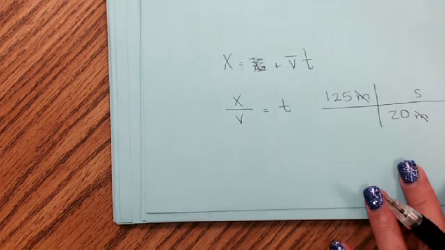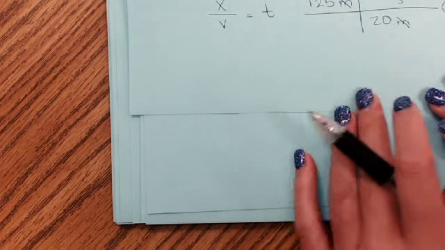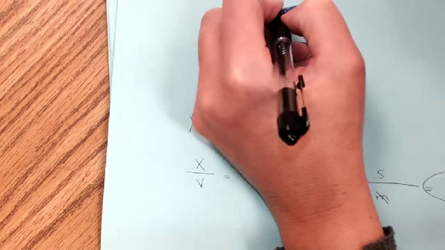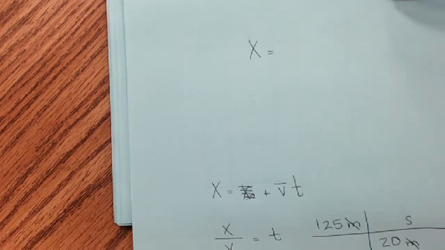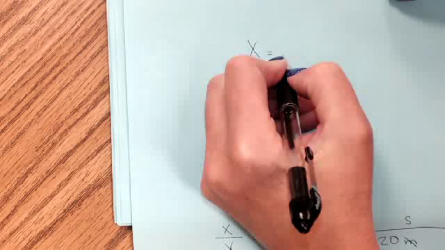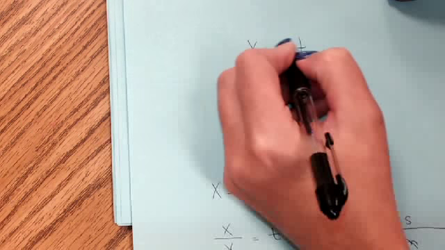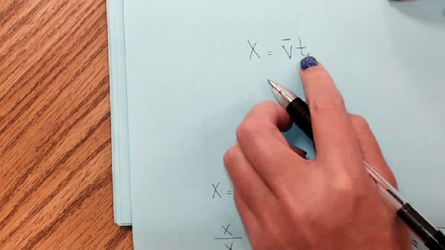here's what I did. I used that same equation. Let me rewrite it up here. I'm going to do this again. X equals, x naught is 0, so I'm just going to leave it away. This is equation 2. So x naught is 0, so I'm not even going to write it, equals v times t, as in the average velocity times time.